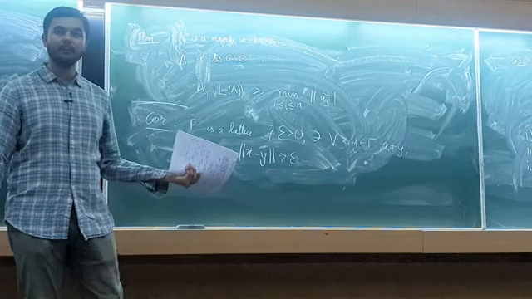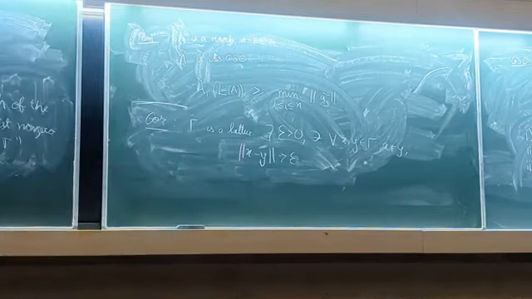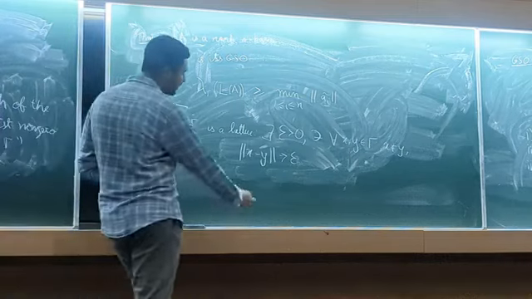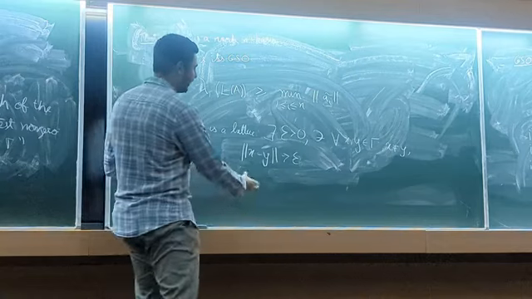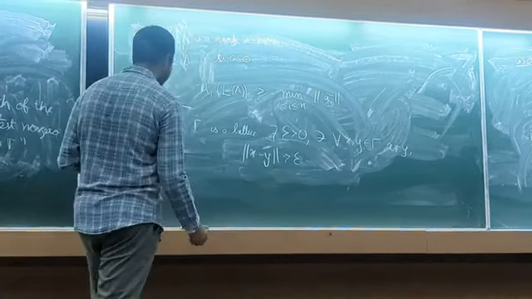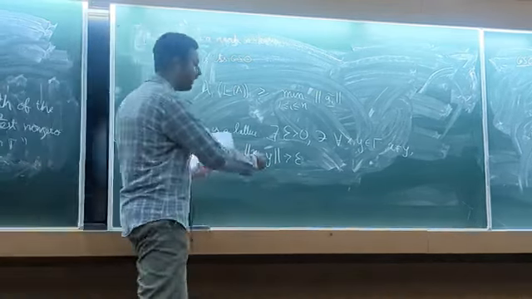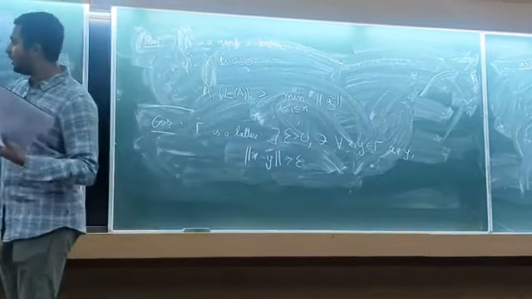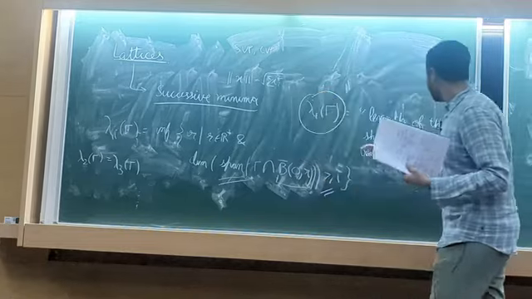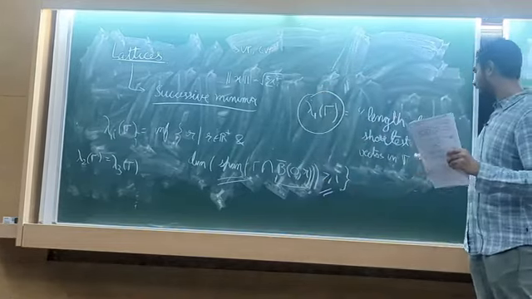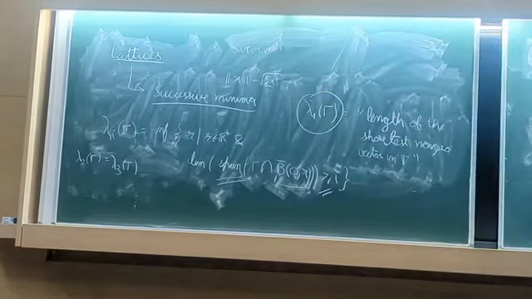And what is a good candidate for this epsilon? The first successive minimum. Because we know that the difference between two distinct vectors is also in the lattice, and that by definition is non-zero. It will have a length of at least lambda 1 of gamma, the length of the shortest non-zero vector in gamma. This is one important corollary.